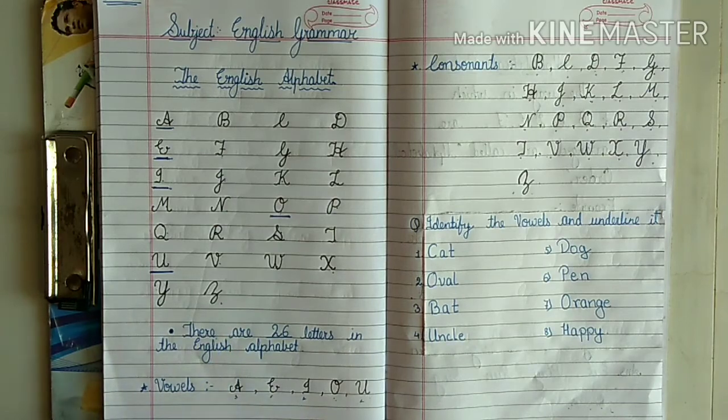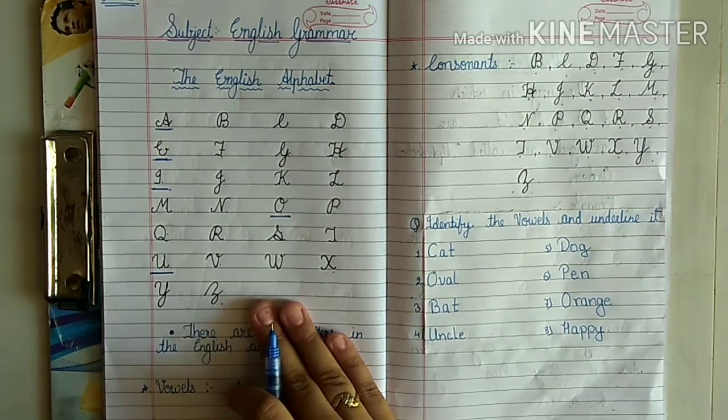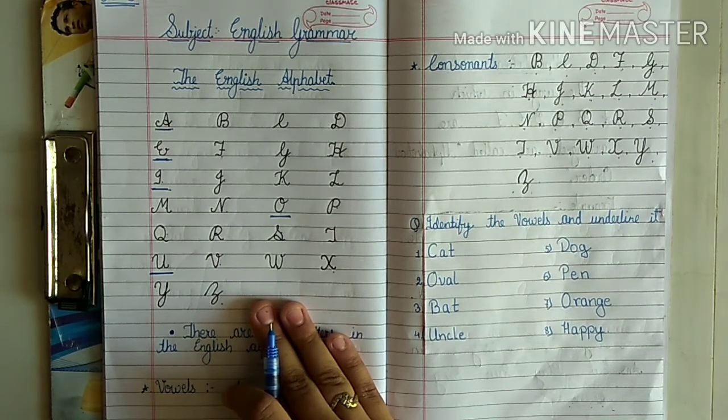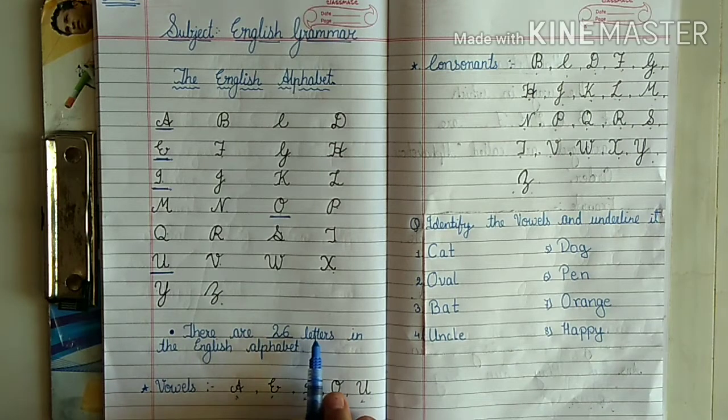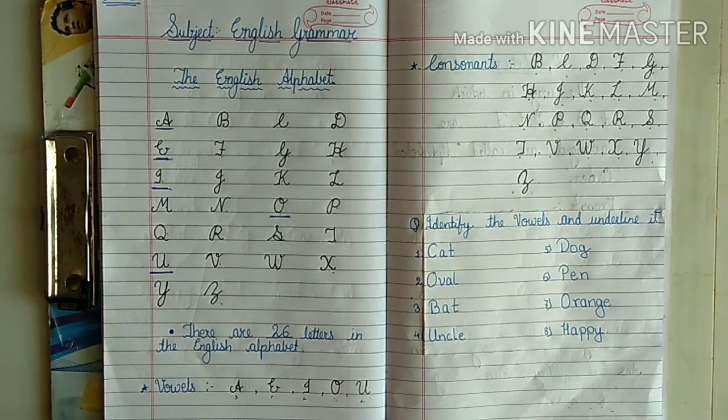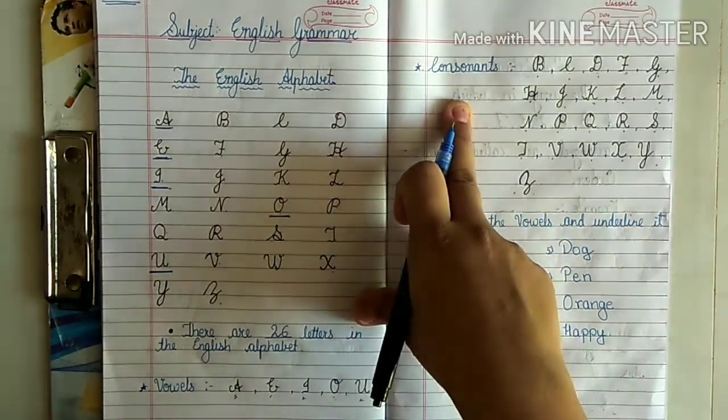These are English alphabets. One question. How many English alphabets are there? Yes, there are 26 letters in the English alphabet. How many letters are there? 26.